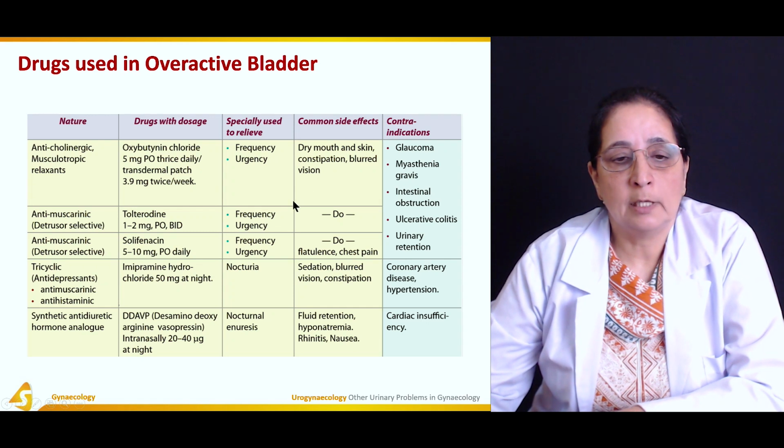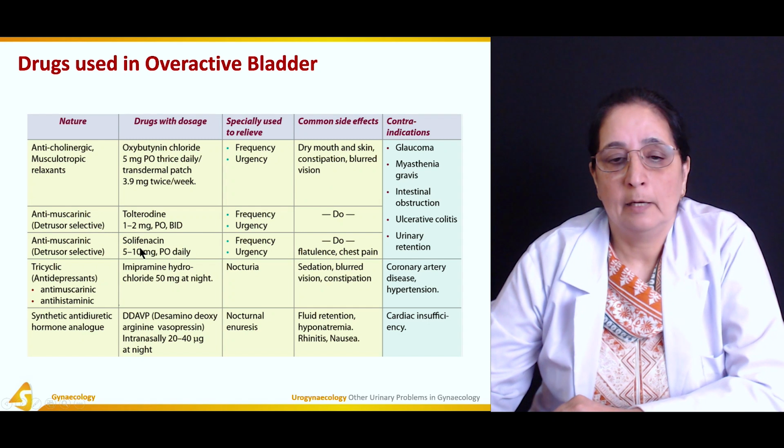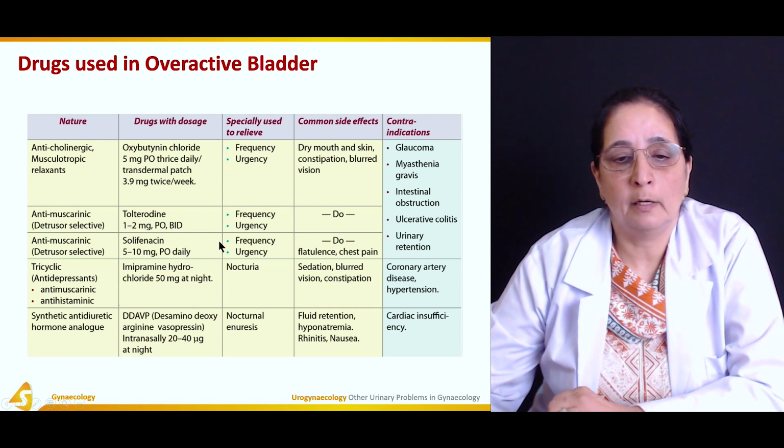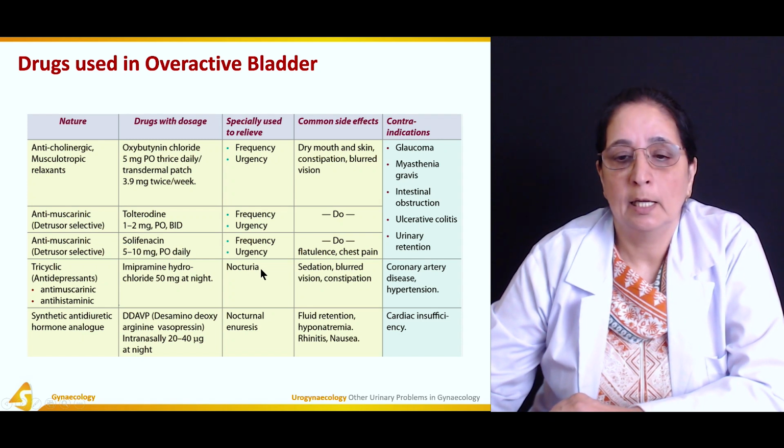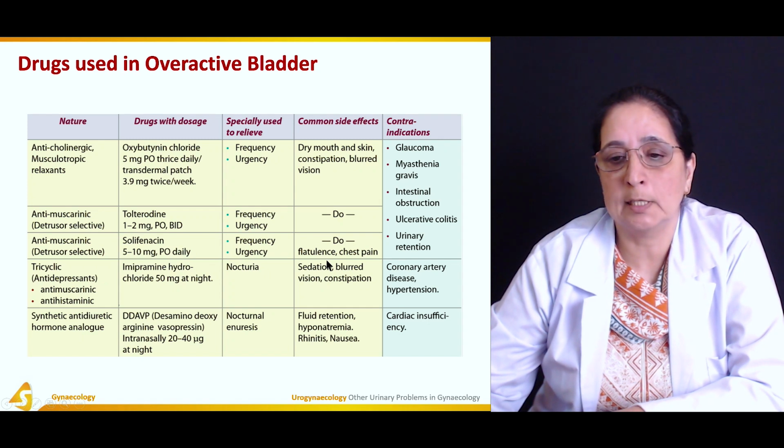Then again, an anti-muscarinic like solifenacin, which is 5 to 10 milligram orally daily, for frequency and urgency. Then the side effects can be chest pain and flatulence.